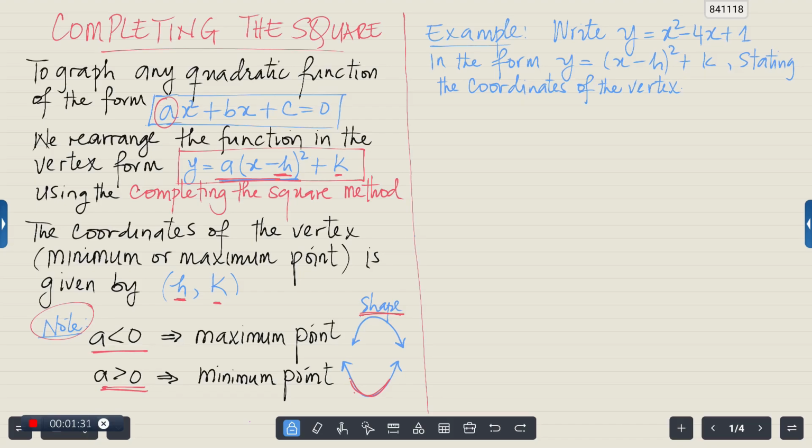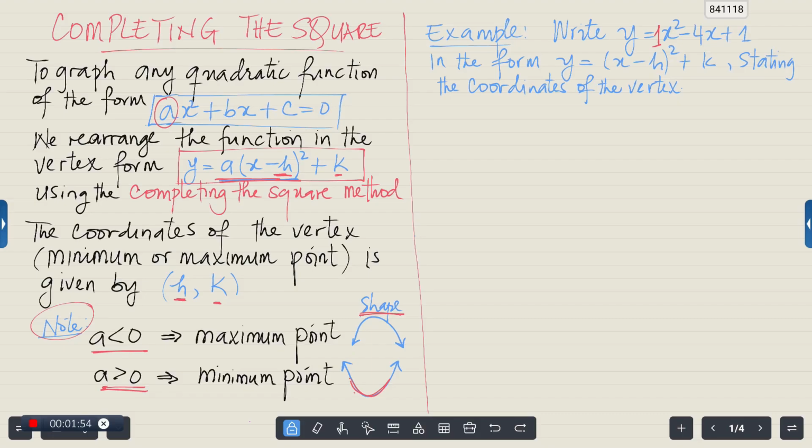Write y equals x squared minus 4x plus 1 in the form y equals x minus h all squared plus k, stating the coordinates of the vertex. We need to establish that the value of a in this scenario is 1.